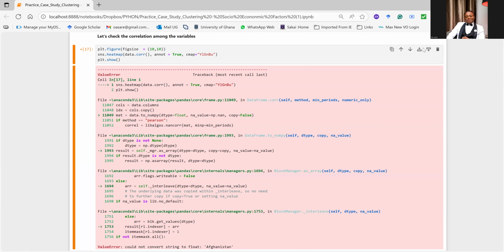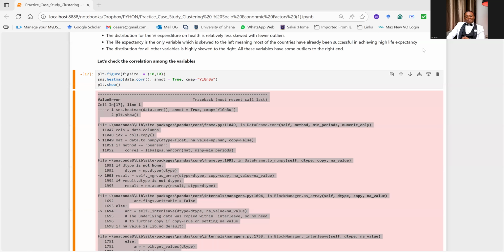When you encounter situations like this, there's an easy way to solve it. You need to drop the string variables so that you can correct that anomaly. But at your level, one of the easy things you can do is take it to the chart, and it will easily correct the situation for you.